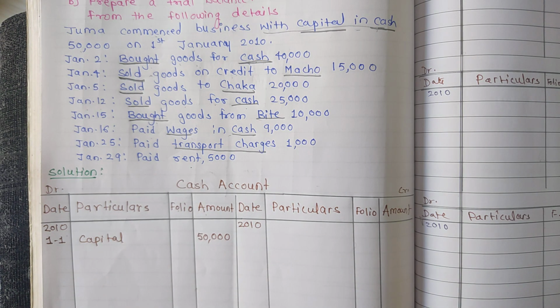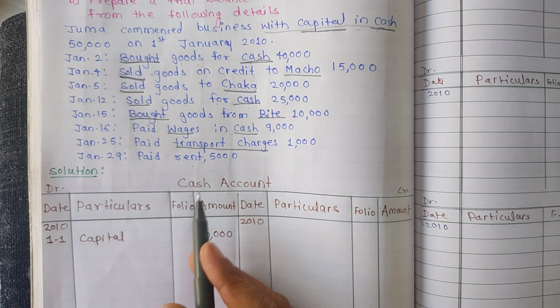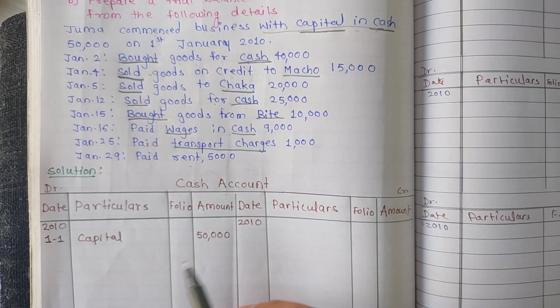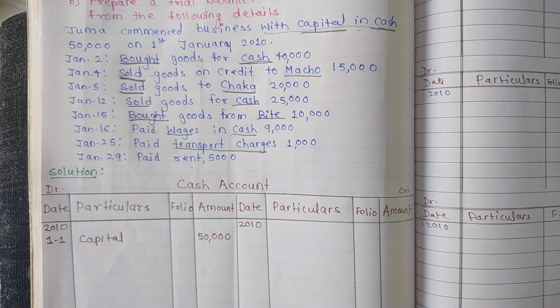Folio is used to record the page reference number of the other book in which the other effect is given, the other effect of the second account credited or debited. So here the account credited is capital. We have written here on the debit side of the cash, capital.